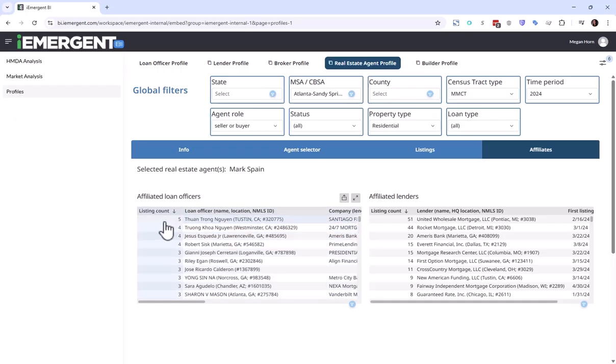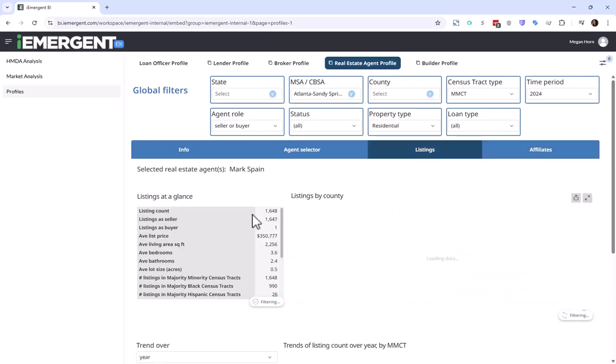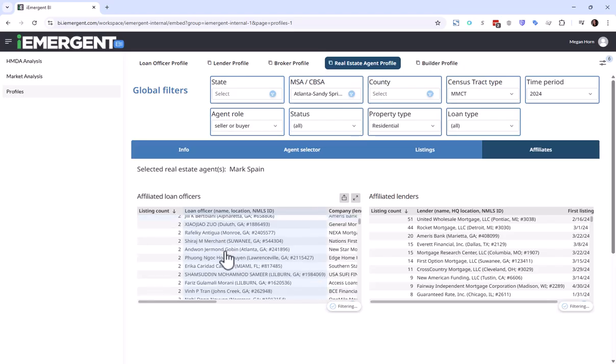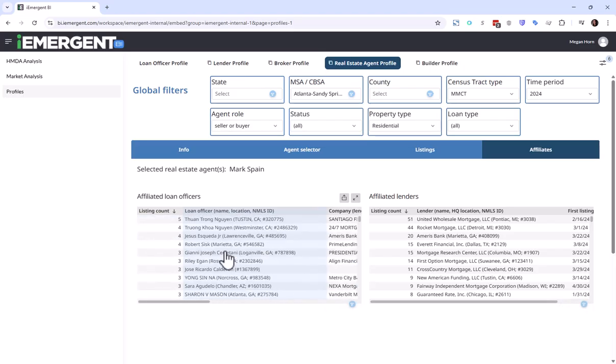The highest one is 5, and there were what, 1,600 loans. And so incredible diversity here as far as the loan officers that he's working with. The lenders are much more concentrated. United Wholesale Mortgage, Rocket, the big guys.